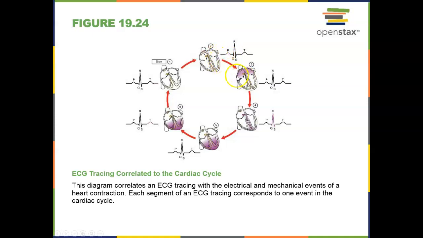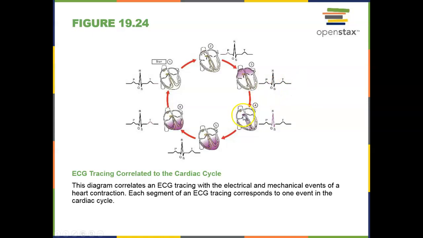Then we have the atria contract, pushing blood down here, and the AV node is getting ready to contract because the stimulus got to the AV, but remember there's a short delay between the AV node receiving the information and the AV node firing. So that's this PR interval.